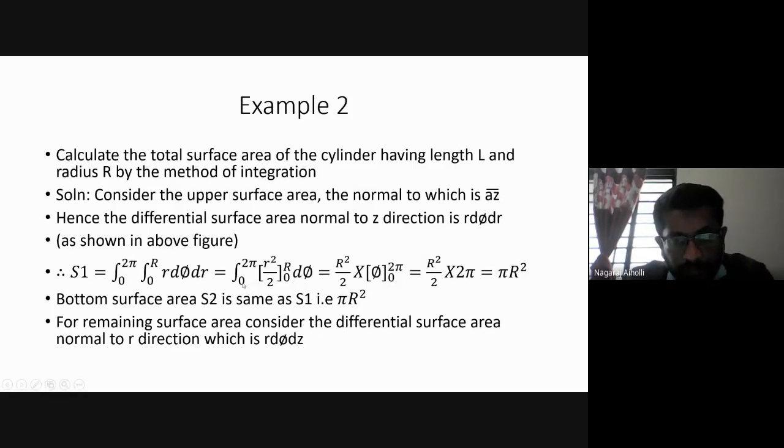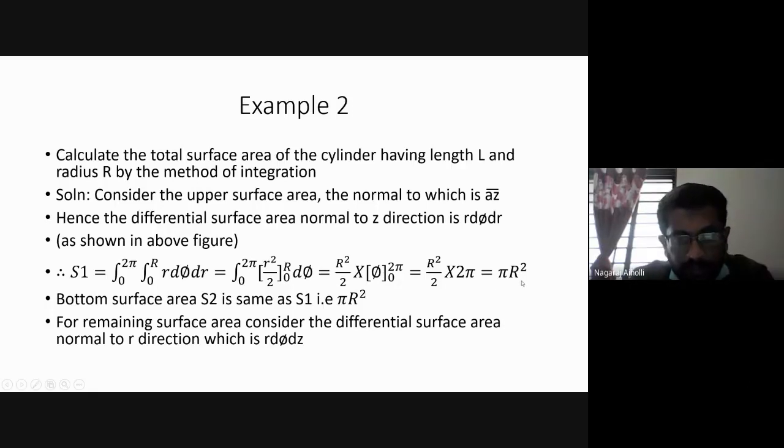The limits of the angle are 0 to 2 pi. Therefore, it will be R square by 2 into 2 pi minus 0. The 2 and 2 get cancelled. Hence, it will be simply pi R square.